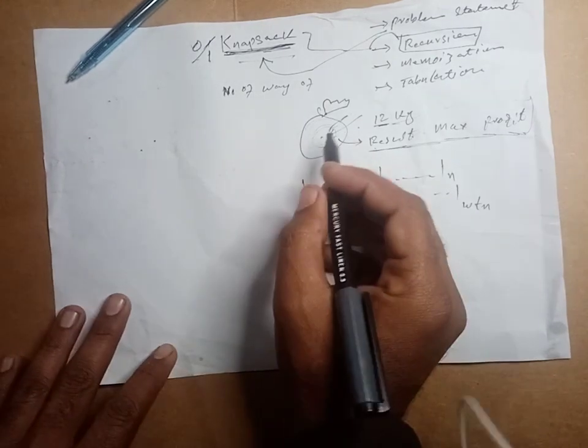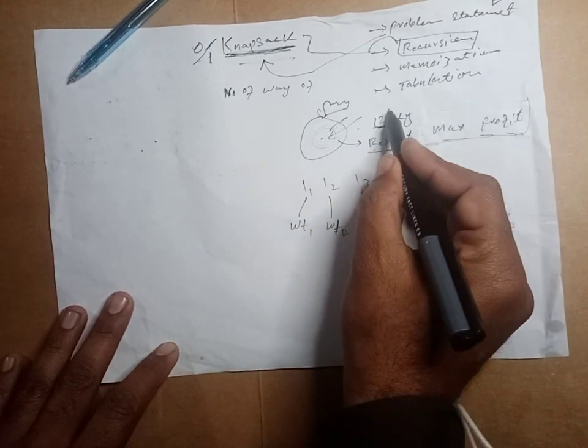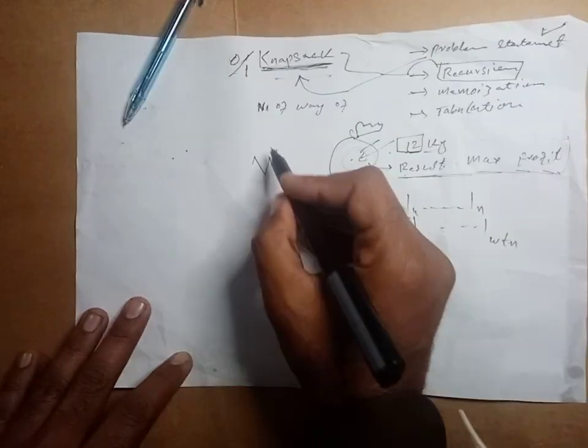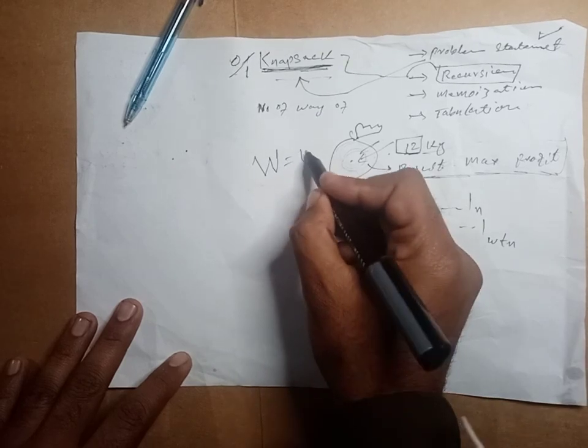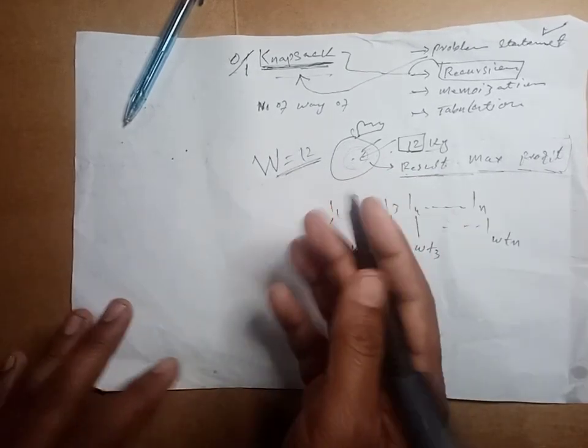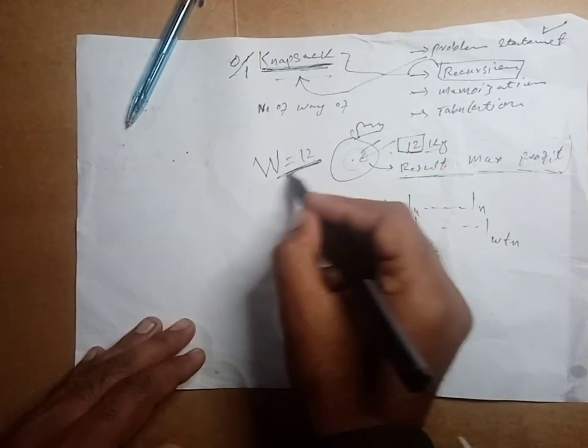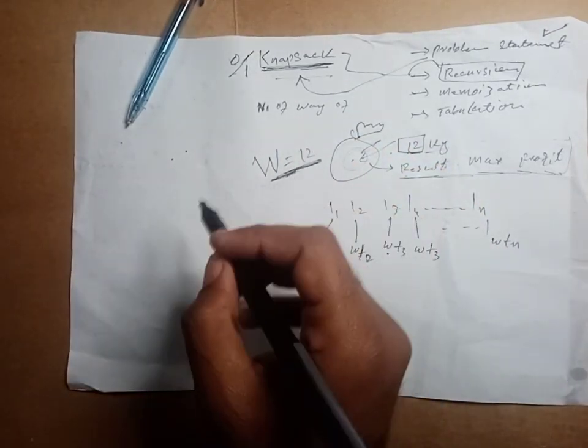Like this is the limit, 12 is the limit, and it should be the capital W, and for example this is 12. So the weight capacity should not be greater than the one given here.